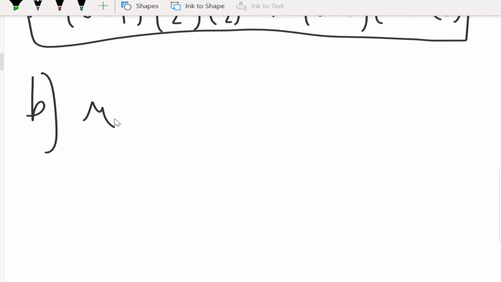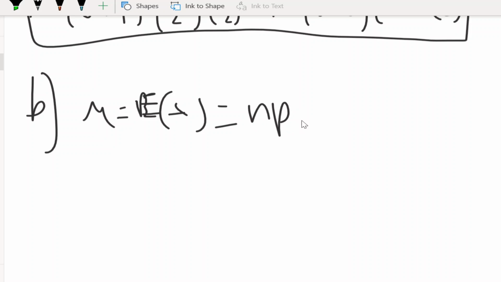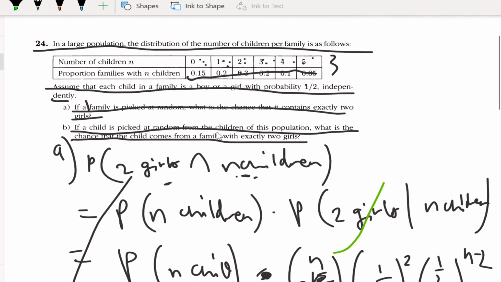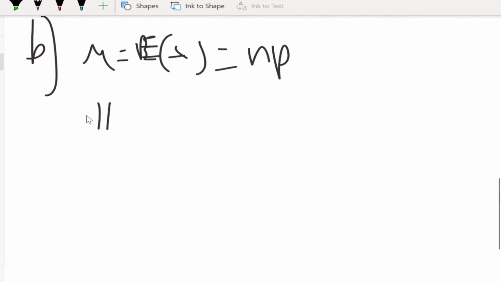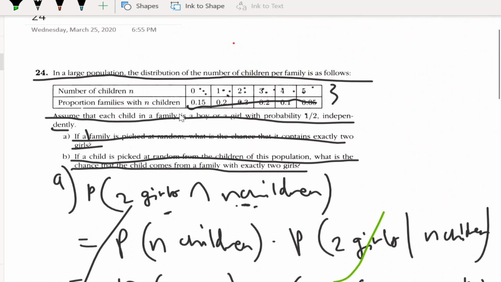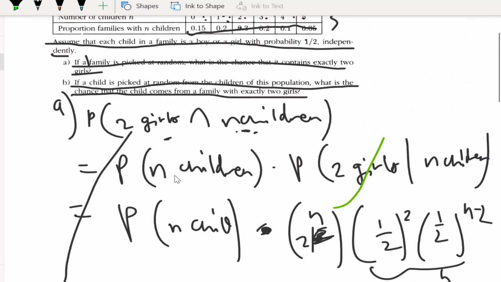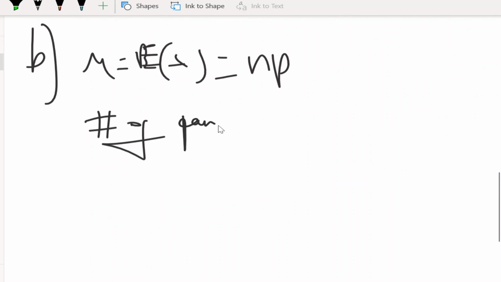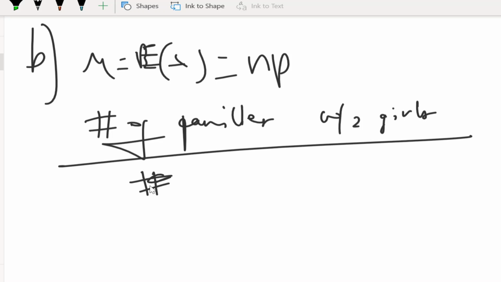the value of mu, or the expected value for a binomial distribution, is equal to np. So using this formula, we can just take the number of families with 2 girls over the total number of families.